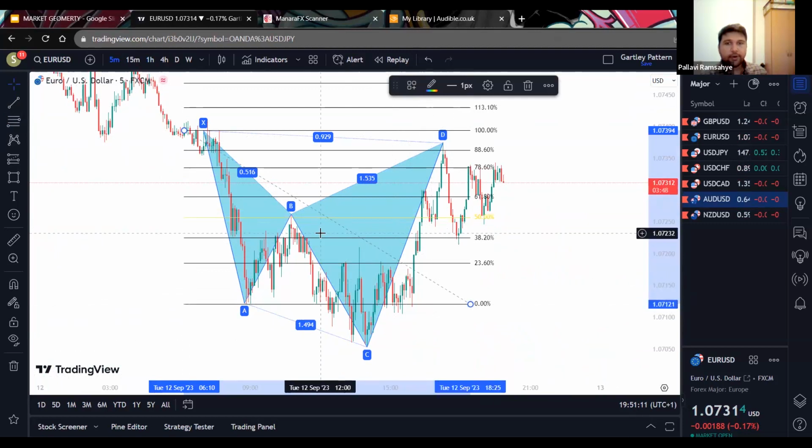Can anybody quickly throw in the chat what percentage we're looking for point B to retrace to? There's 2 percentages that we're looking for point B to retrace to. Can anybody throw that in the chat?